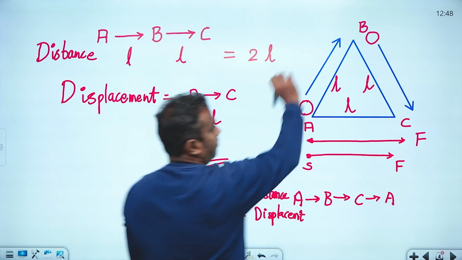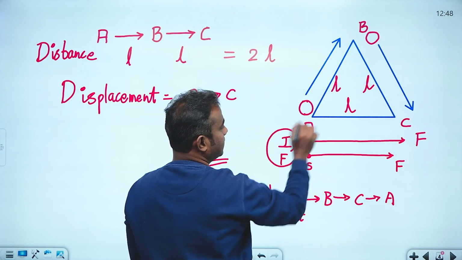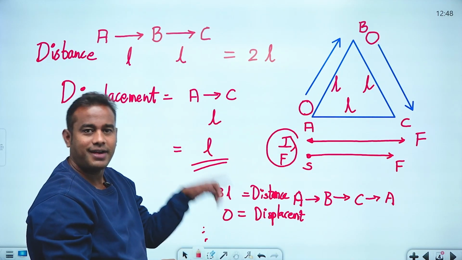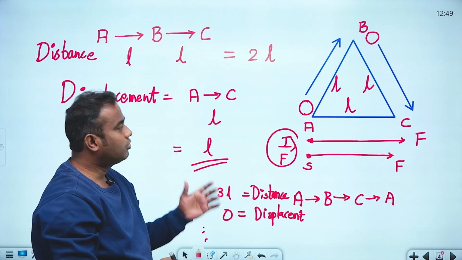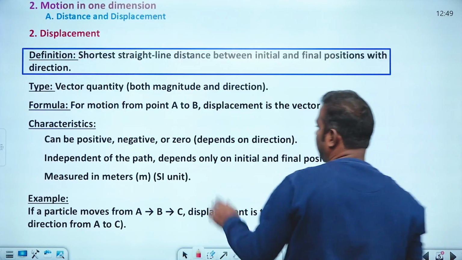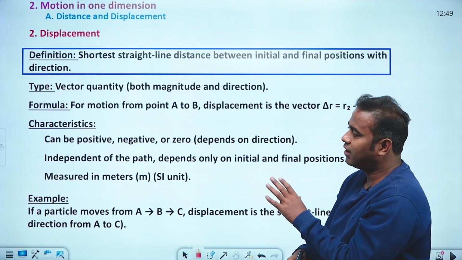Why? Because the initial position and the final position are the same in this case. The initial position is the same point, the final position is also the same point, so hence this becomes 0. That's why we need to be careful about the values whenever we are calculating the displacement.